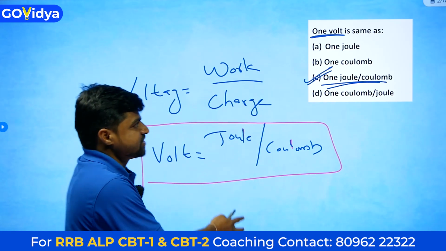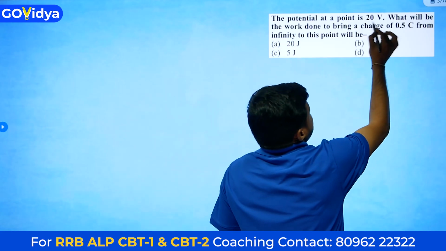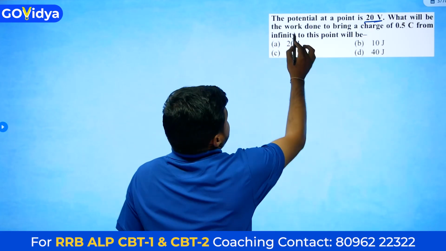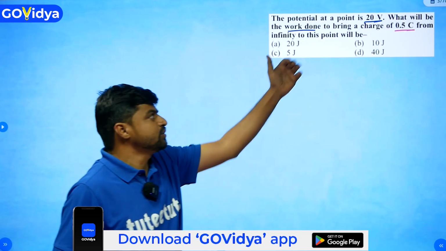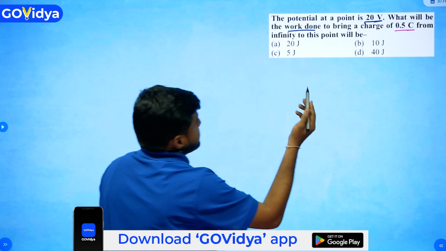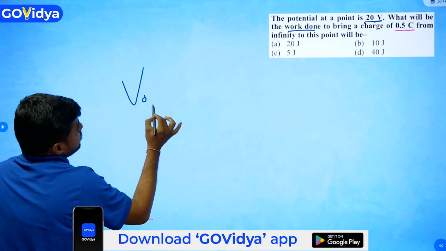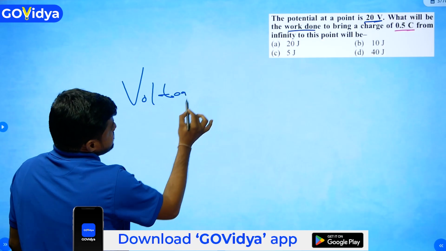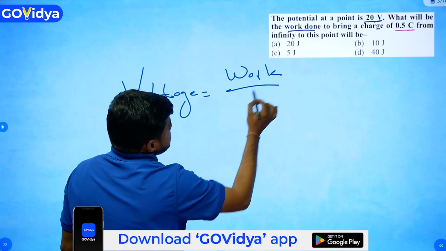Okay, next question: the potential at a point is 20 volts, what will be the work done to bring a charge of 0.5 coulombs from infinity to that point? Voltage is given and charge is given, we have to find work done. We have one formula, voltage is equal to work by charge.